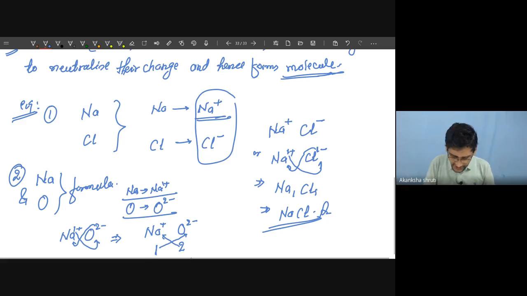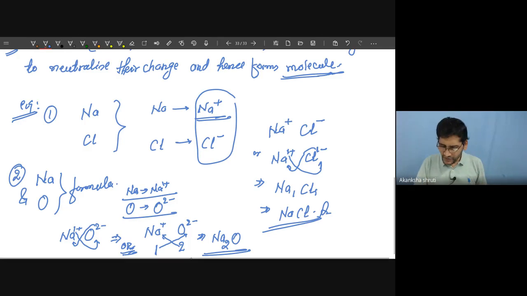Whether you write this way or this way, you will get the same thing. It is just a way of writing. So the formula becomes what? Na has to be 2 times: Na2O. This will be the formula for the molecule formed by the combination of sodium and oxygen. Are you getting it? So it is called sodium oxide. Okay, students.